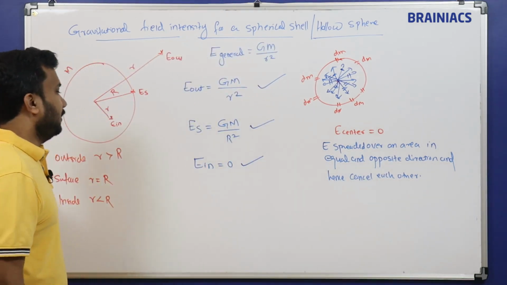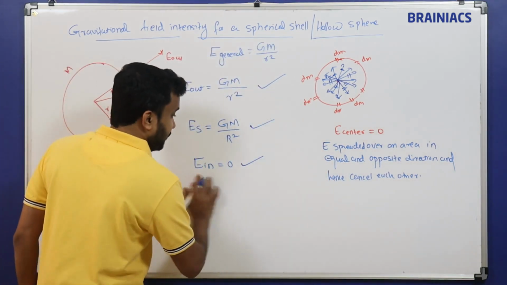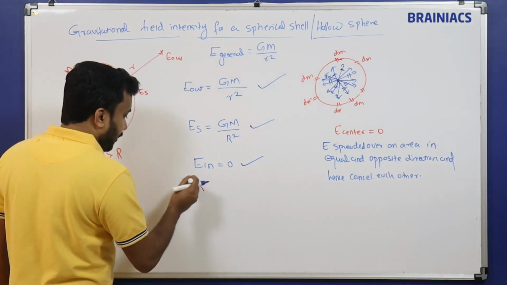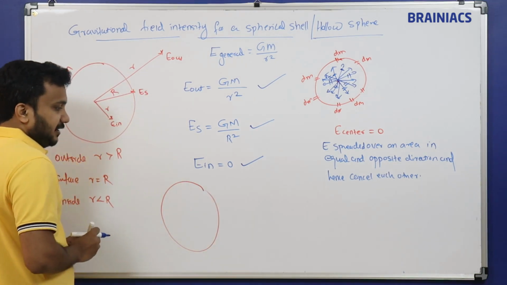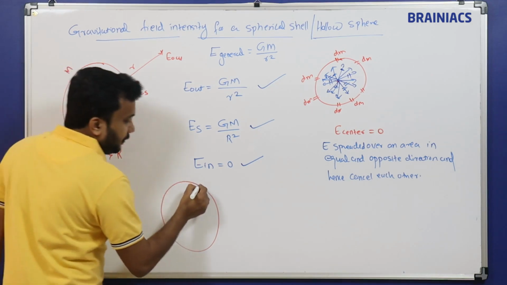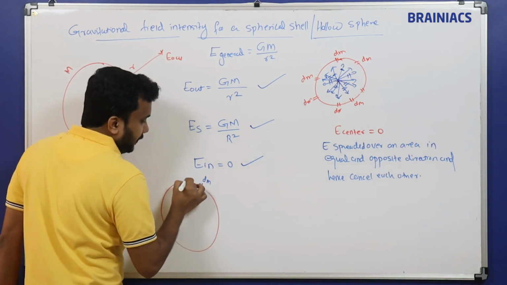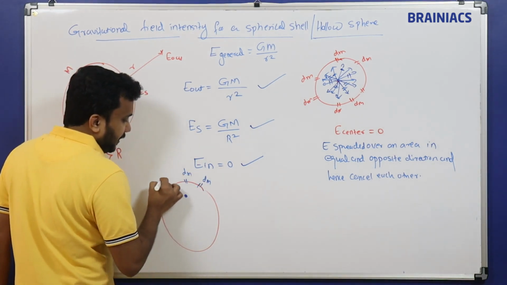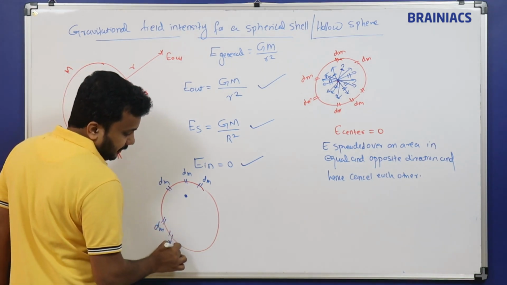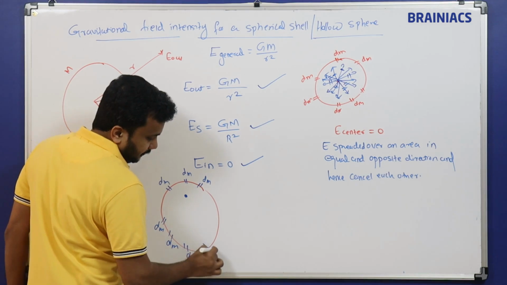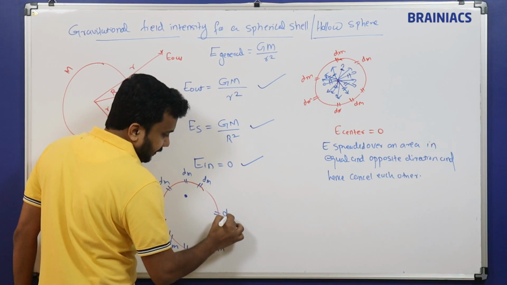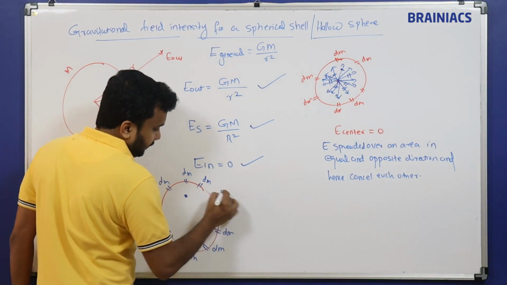But what about points other than the center? Because we generally write that inside it will be equal to 0. Now let me consider a point not at the center, somewhere here. Here we have one dm, here we have dm, and many dms over there.